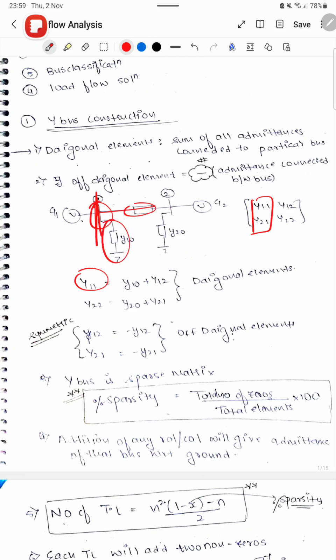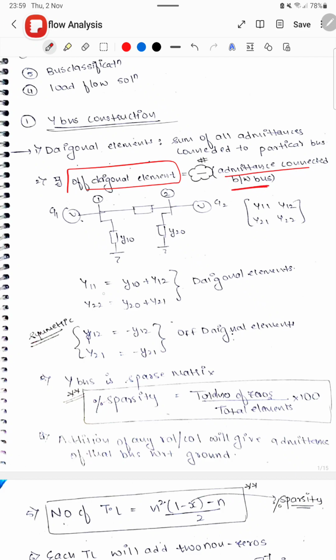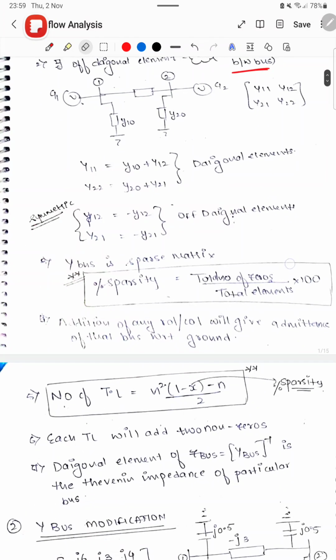So total admittances connected to a particular bus is equal to the diagonal element. The off-diagonal element is nothing but the negative of the admittance connected between the buses. Okay, that is y12, the admittance connected between 1 and 2.